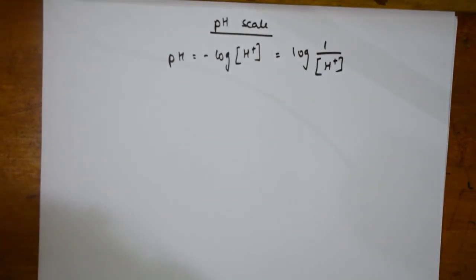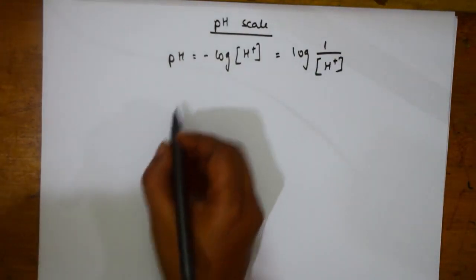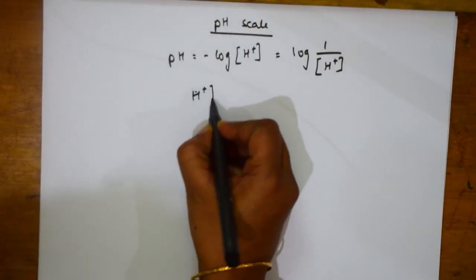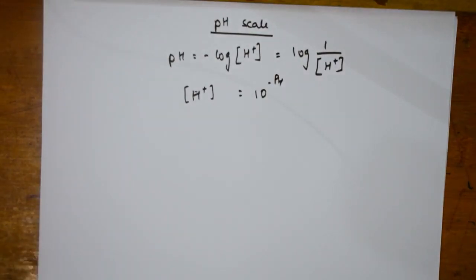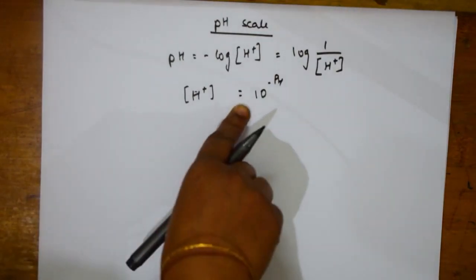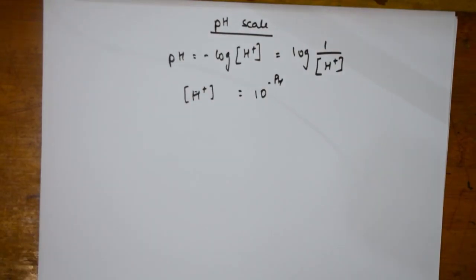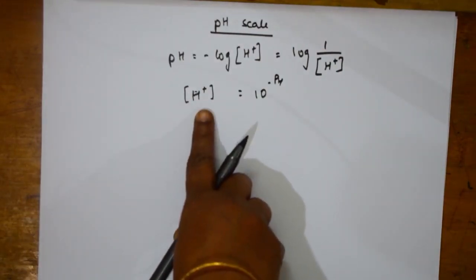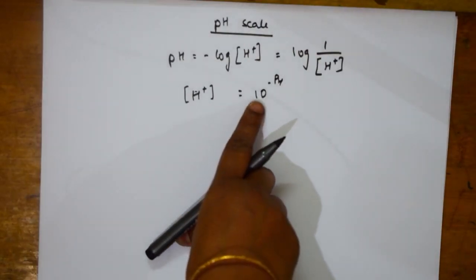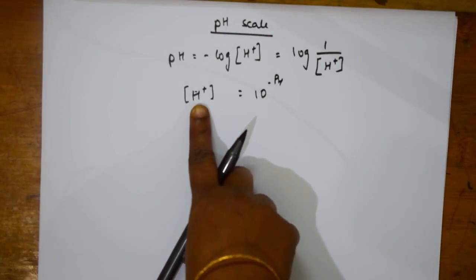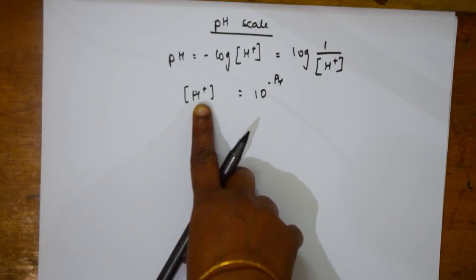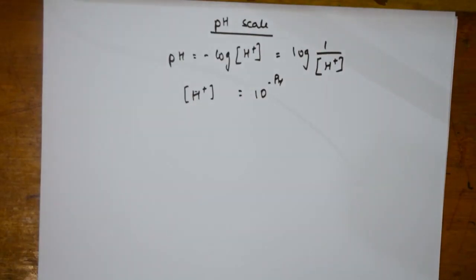Under base 10, H plus ion concentration is 10 to the power minus pH. If the pH decreases by a single unit, the acidic nature increases 10 times.